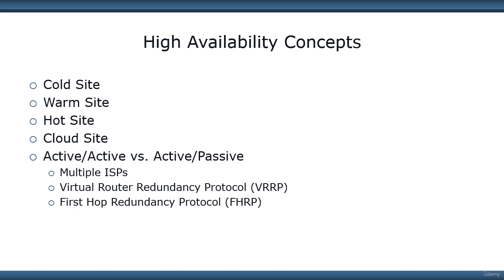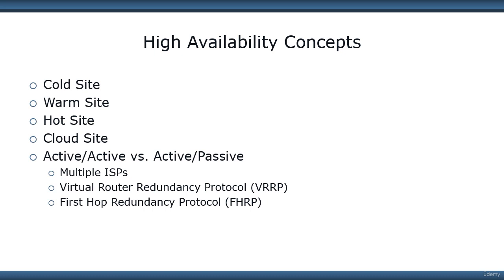Now, I keep saying device because I'm thinking servers, but it could be an application. It could be the ISP. If you have multiple ISPs and they're active-active, that means you're using both of them at any given time.